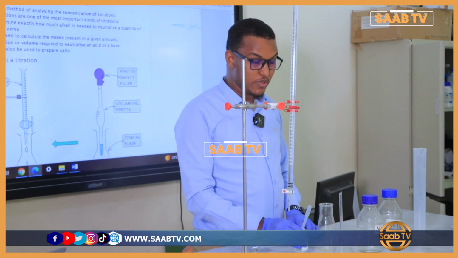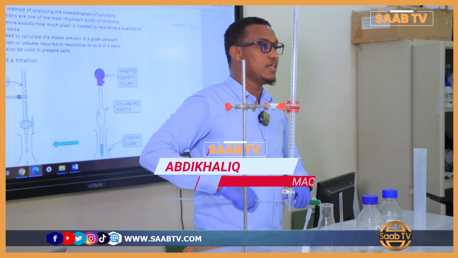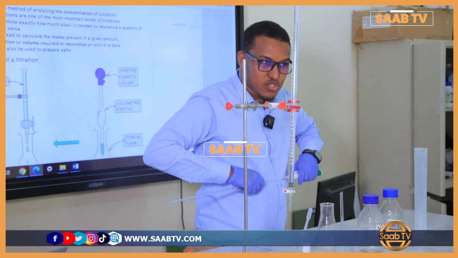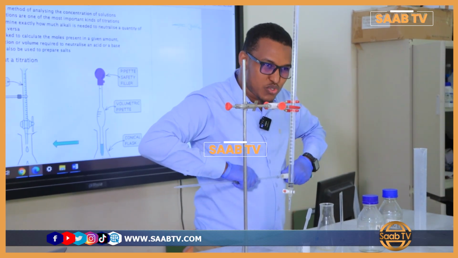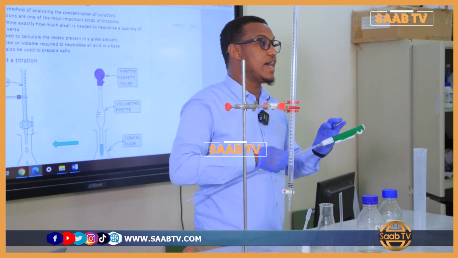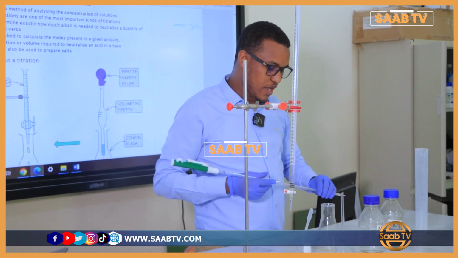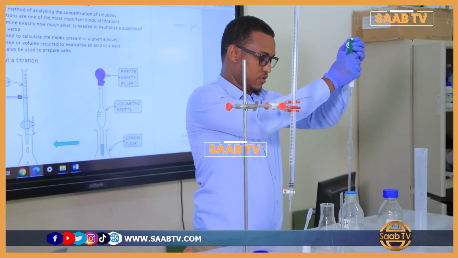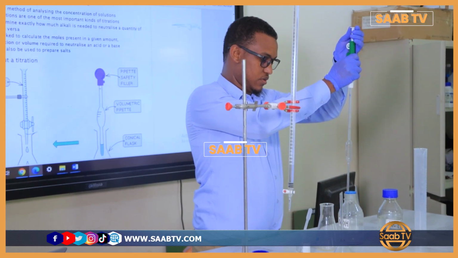So the first step that we are going to do is to take 25 cubic centimeters of sodium hydroxide. That's the alkaline. I will use the apparatus which is called the pipette.